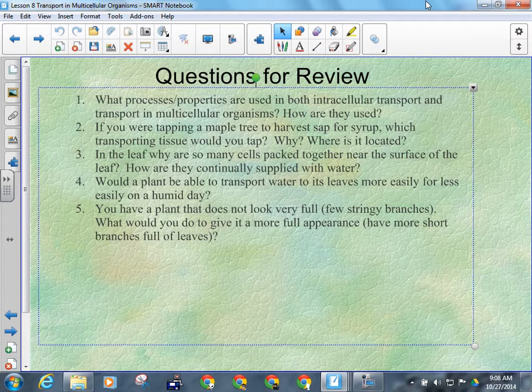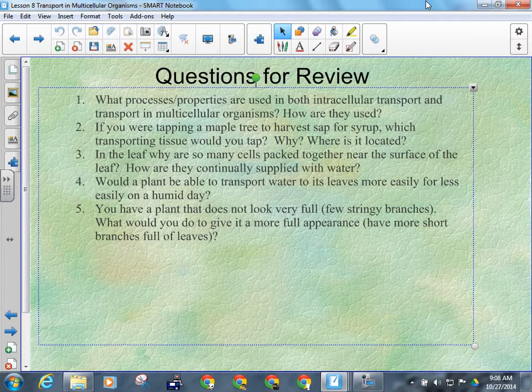It's not nice. Okay. Number 3, in the leaf. Why are so many cells packed together near the surface of the leaf? Right, maximize photosynthesis. The more cells you have there, the more chloroplasts you have there, the more photosynthesis is going on. So we want to pack them in as tight as possible. Now, how are they continually supplied with water?